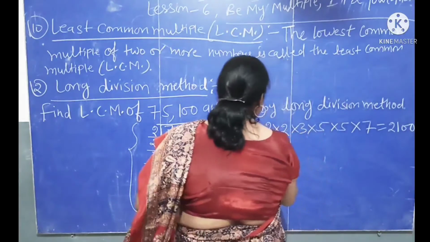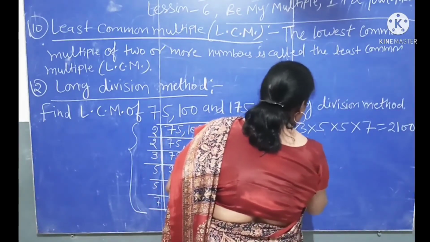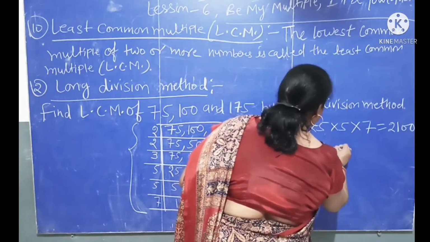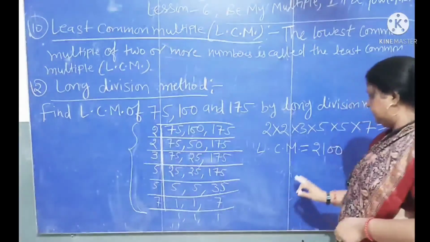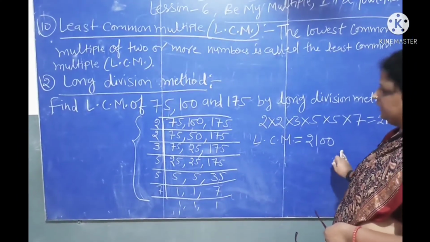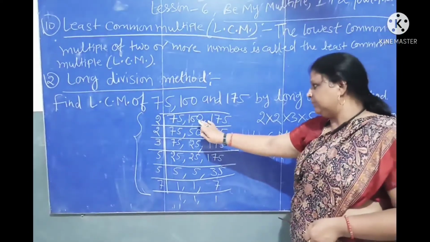So LCM is 2100. So 2100 is the least common multiple.